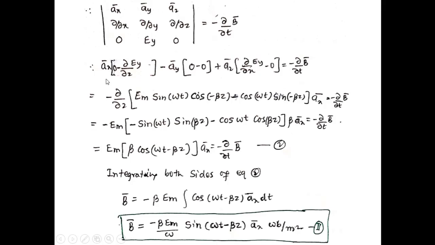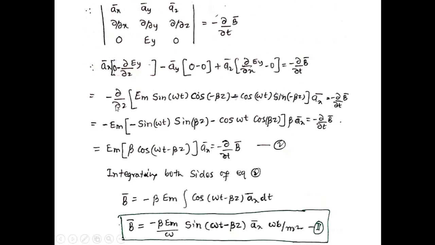If you take Ax common here, then you will get dou by dou y into 0 minus dou by dou z Ey, minus Ay bar times dou by dou x 0 minus dou by dou z 0, which is 0, plus Az bar times dou by dou x Ey minus dou by dou y 0, is equal to minus dou by dou t B bar.